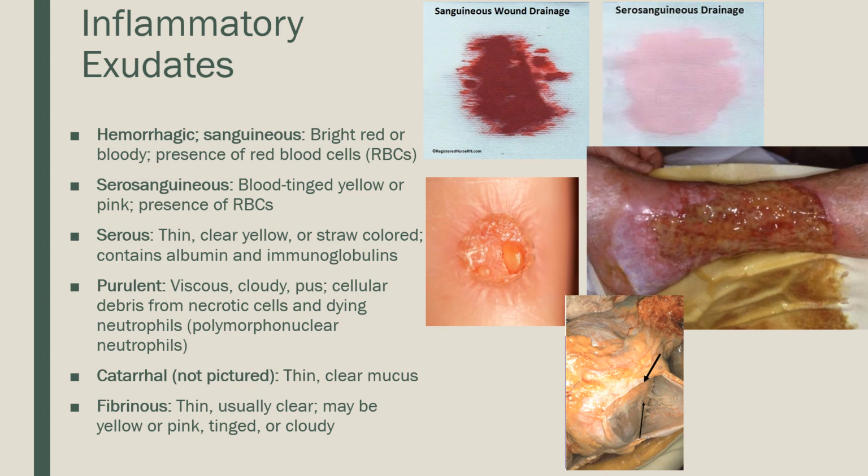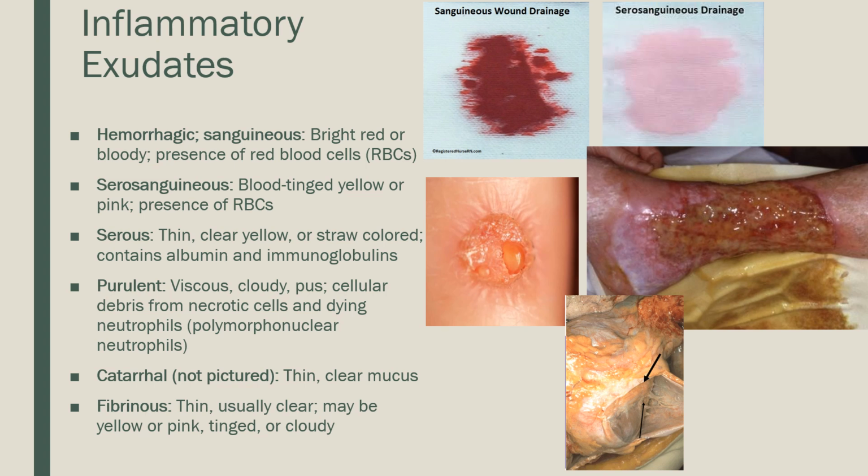Purulent is viscous, cloudy, and pus-filled. Cellular debris from necrotic cells and dying neutrophils. Usually caused by pus-forming bacteria such as streptococci or staphylococci, and indicates infection. It may drain suddenly from an abscess or a boil.